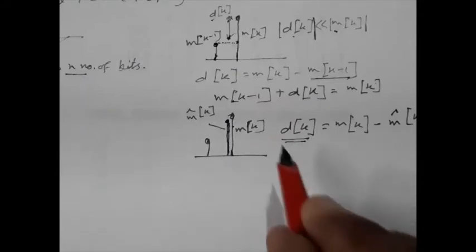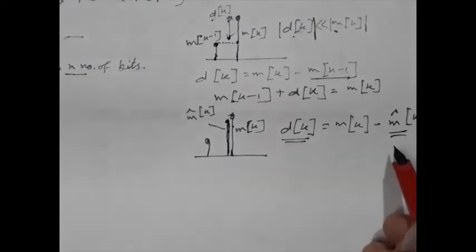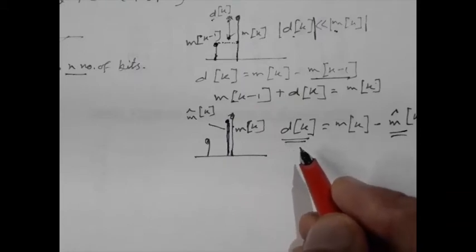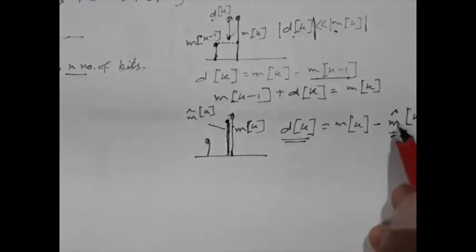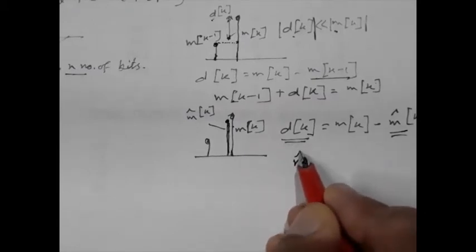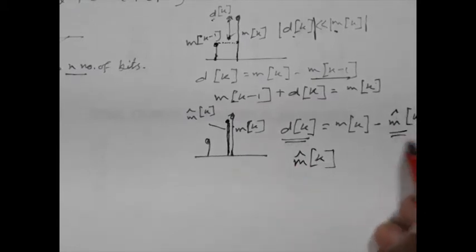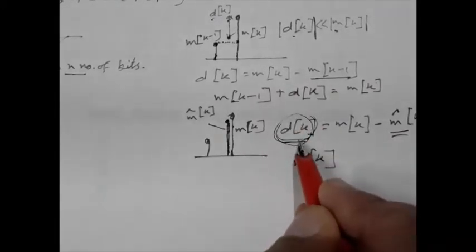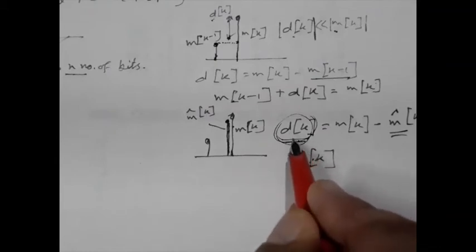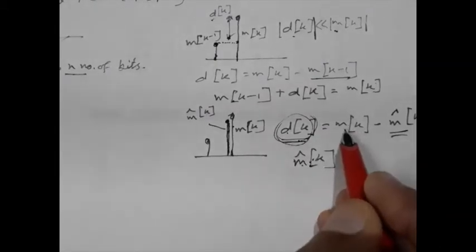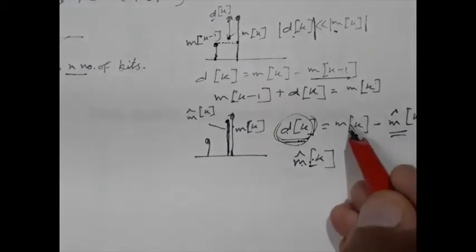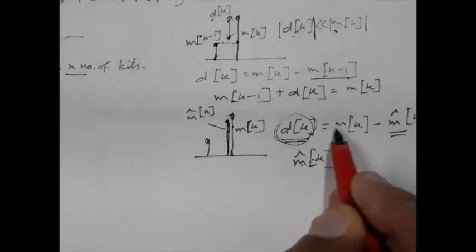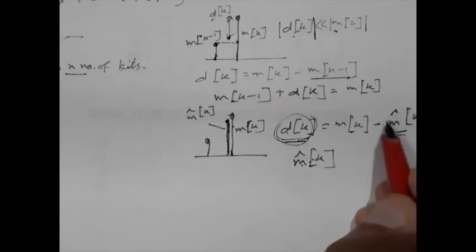The receiver will generate m cap k. It will estimate m cap k, it will receive this dk from the transmitter, and manipulating with the help of d and this m cap, it will regenerate mk. That means we are not going to transmit the original samples at all. We are actually transmitting the difference between the actual sample and its estimated value.